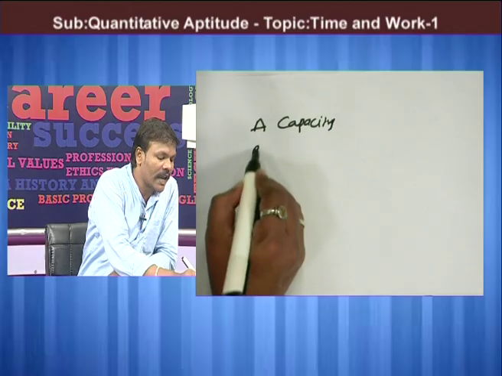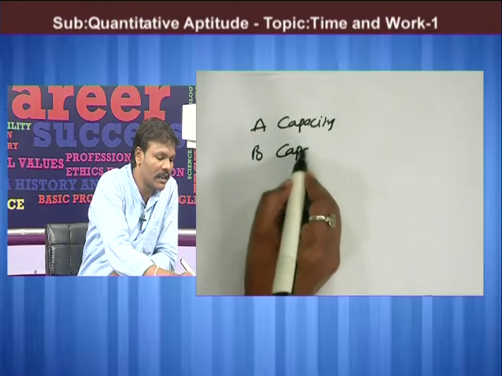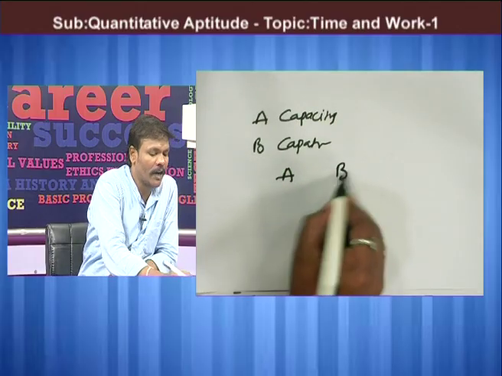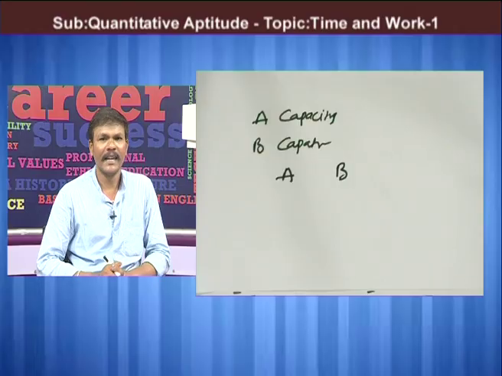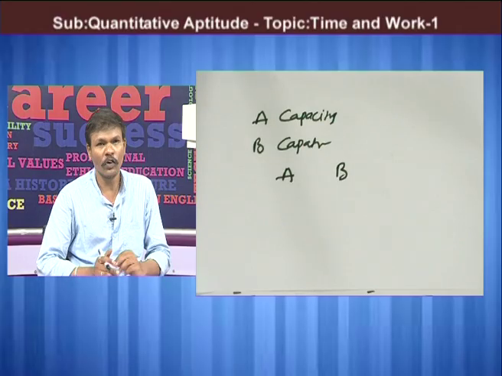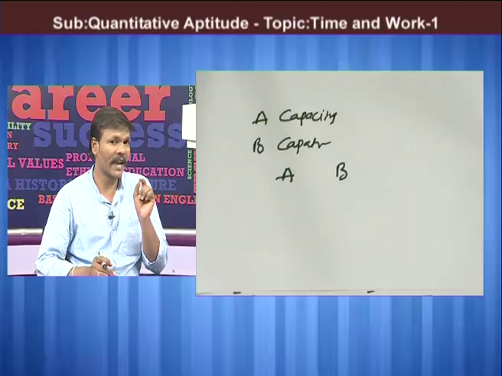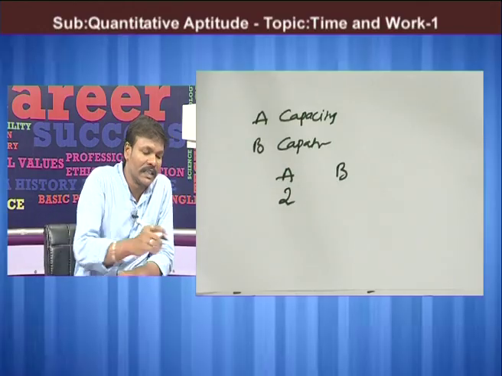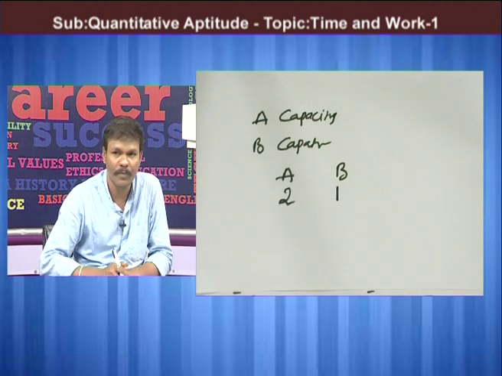That means the capability of working. So we take A and B. How is A? A is twice as good a workman as B, so A's capacity is twice that of B, so B's capacity is 1.